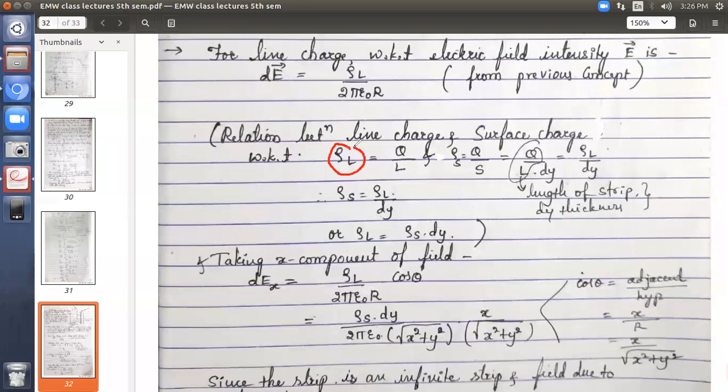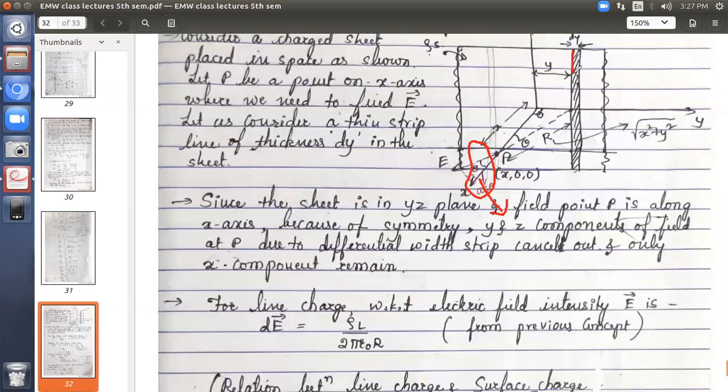Rho L is the linear charge density, which is charge per element, and the element is length here, Q by L. And rho S is the surface charge density, which is the charge per surface element. Similarly, volume charge density would have been Q by V. So if I write Q by S, it is the surface area of this strip. How will you find the area of the strip?